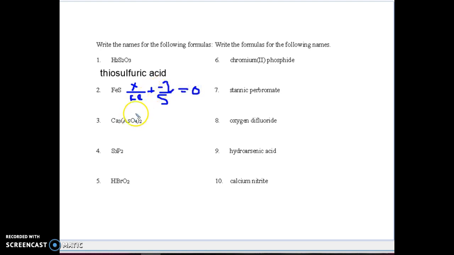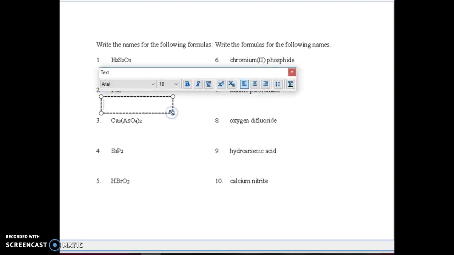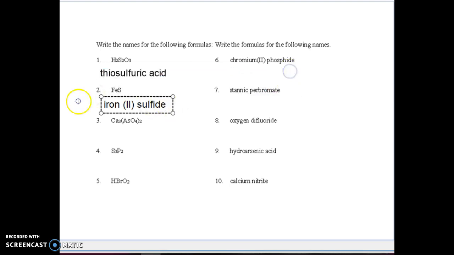These two are going to add together to equal 0, which means that X is equal to 2. I apologize for my sloppy handwriting on here. After I figure out that X is equal to 2, I can erase that work, but keep in mind, X equals 2. What that allows me to do is now name it iron, Roman numeral 2, and sulfur changes to sulfide because it's a binary compound. So iron 2 sulfide.